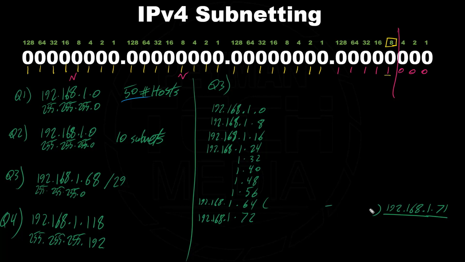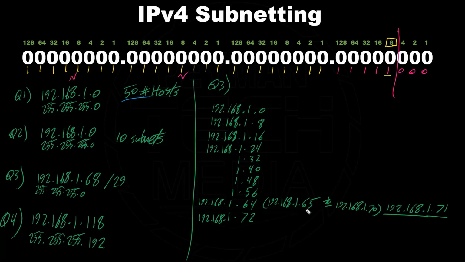Now let's write the available IP addresses. The first available IP address in this subnet is 192.168.1.65, and it goes to 192.168.1.70. So this 68 is one of the IP addresses in this range.